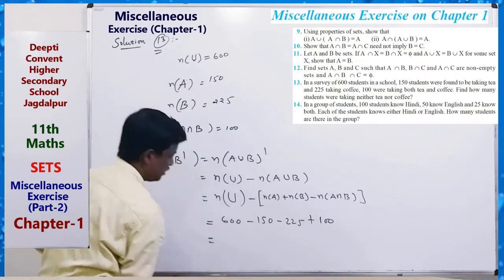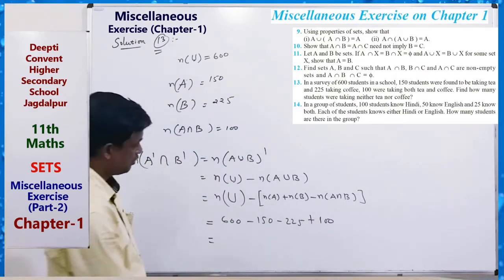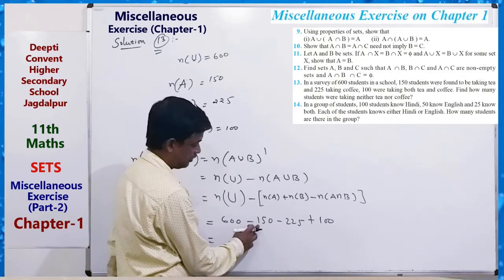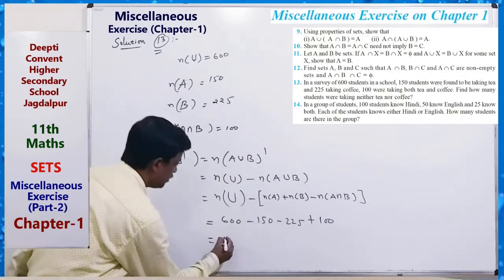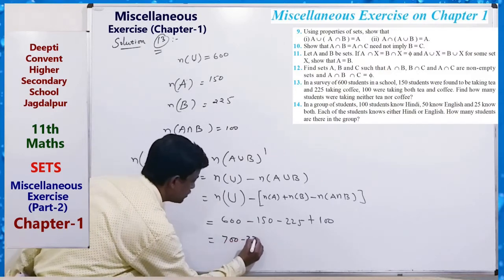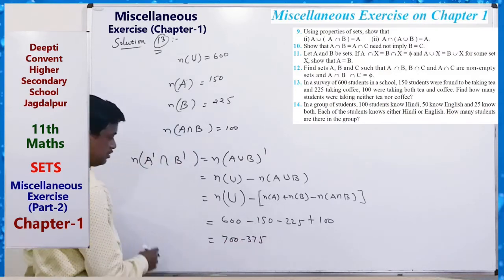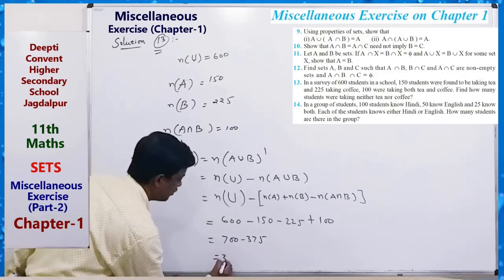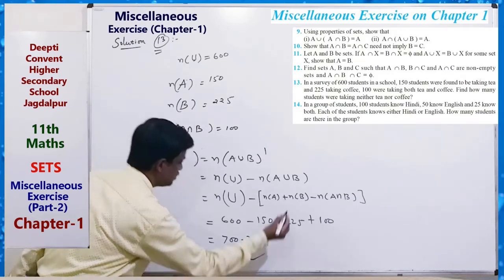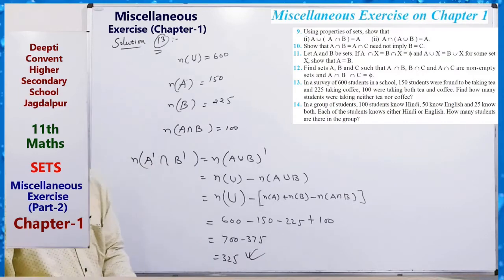So we get what? 225 plus 150 is 375. 600 minus 375 is 225. So this is the number, neither tea nor coffee.